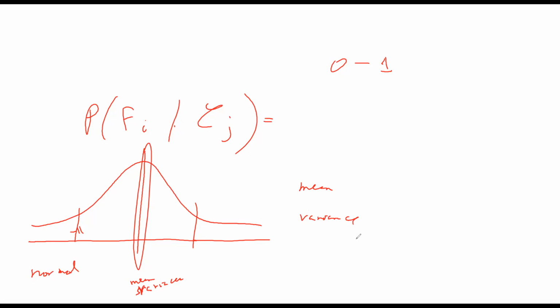Now what I'm saying is we're going to run this through the mechanism of a function called the Gaussian. Instead of just calculating frequencies, we plug in that feature given the class into that function, and the function itself will give us the new probability.